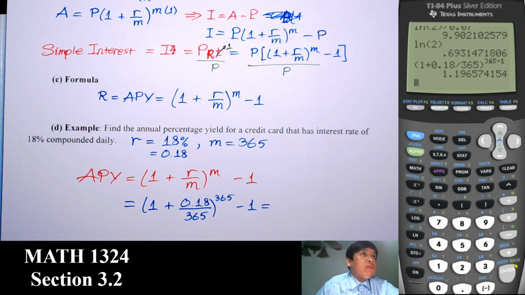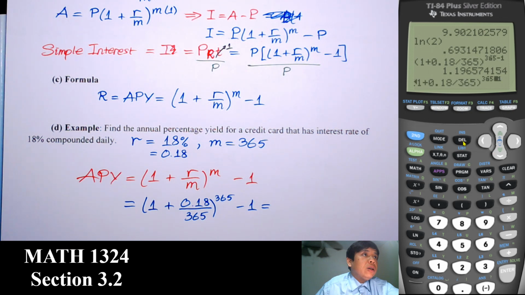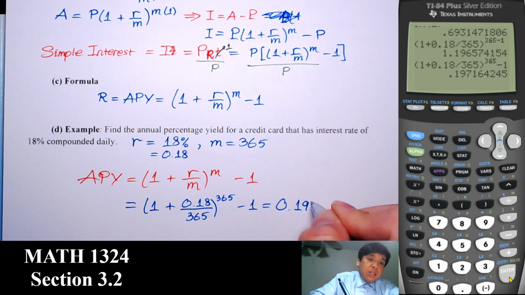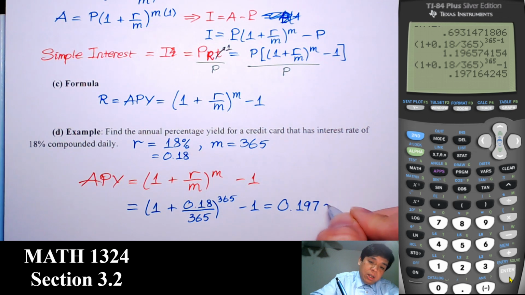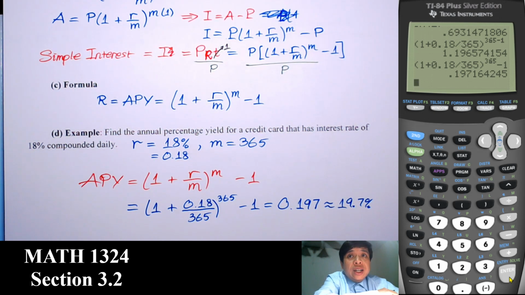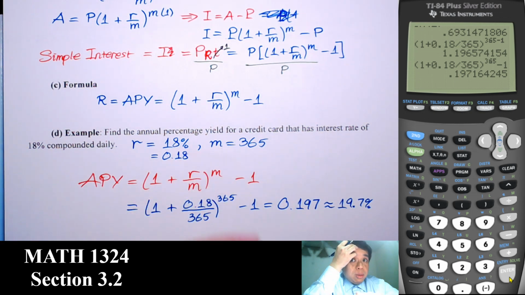Oh, sorry, I typed that wrong. It should be this. And so I have 0.197. So that is about 19.7%. Because it's compounded daily, the effect of daily compounding makes the actual interest rate about 19.7%.